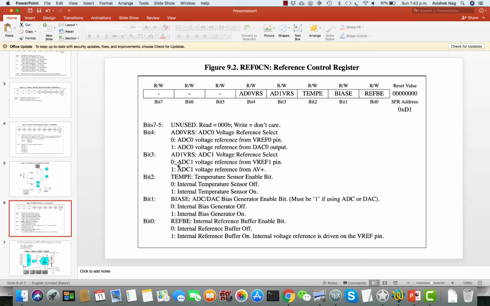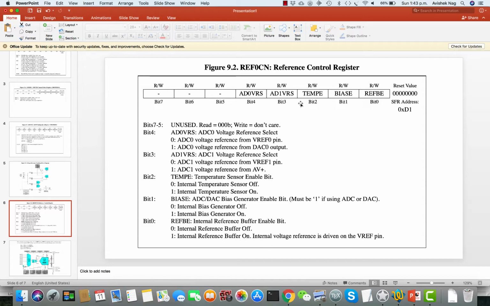If you set bit 3 to 0, then you are choosing the ADC 1 voltage reference from the VREF 1 pin. If you set bit 2 to 0, then you are switching off the internal temperature sensor. We are not working with the temperature sensor, so we don't need it. But bit 1 and bit 0 have to be 1 to switch on the internal bias generator and the internal reference buffer.